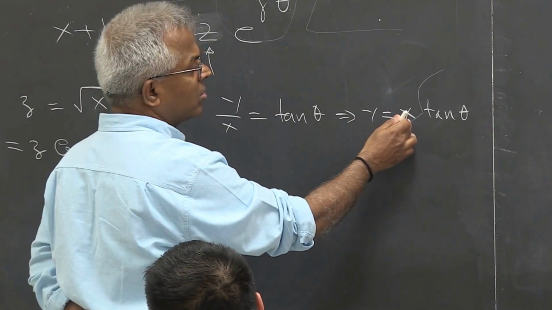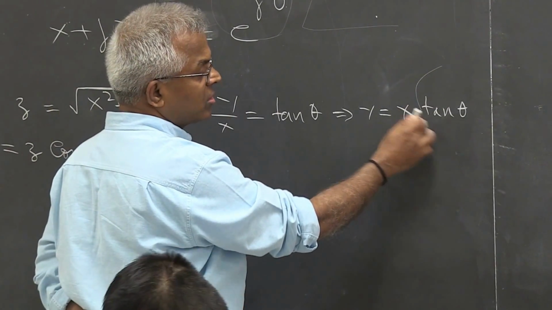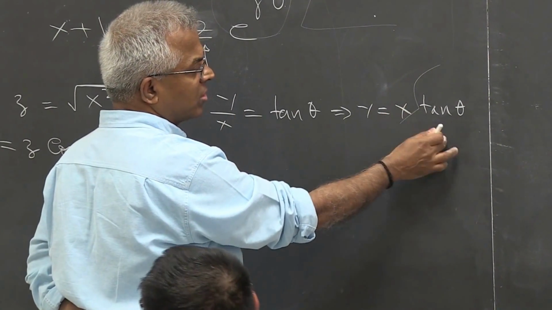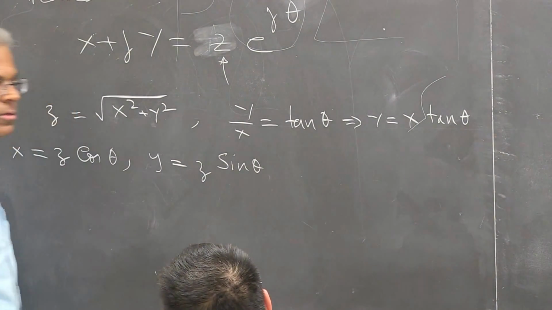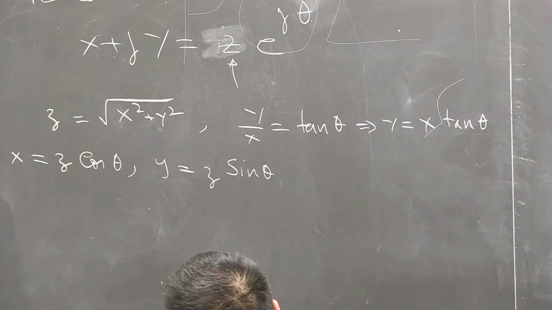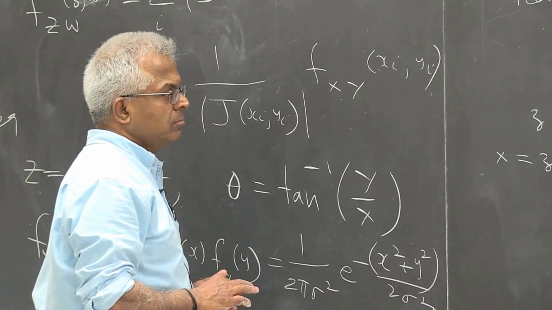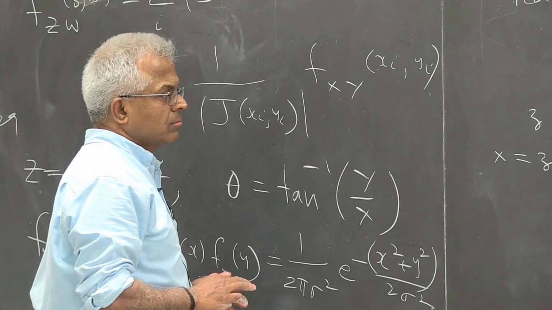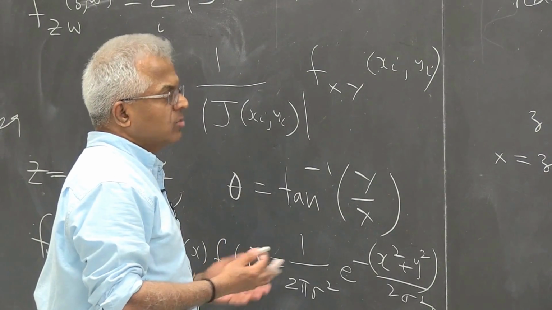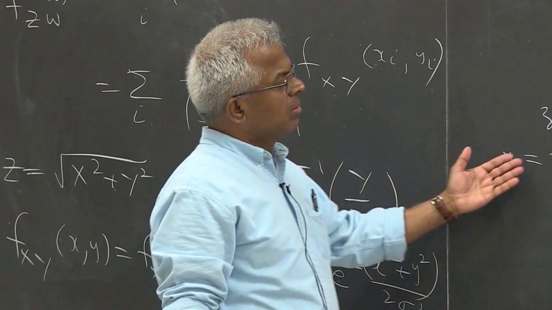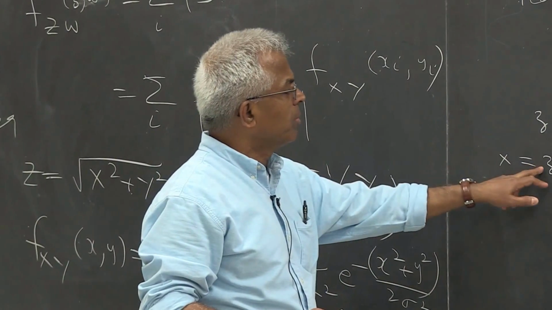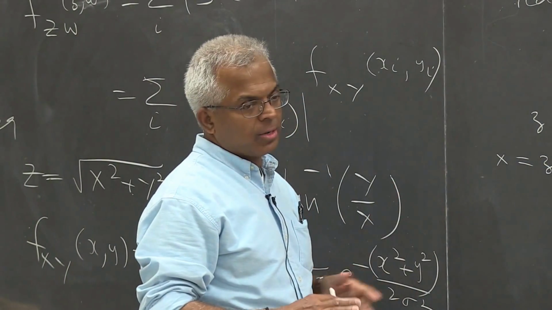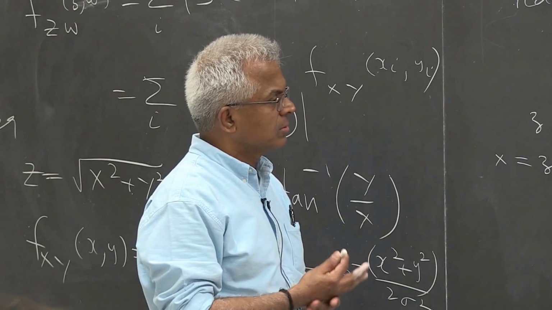I mean, you don't have to guess, you plug it in here. X is z, so this is sin theta over cos theta, x is z cos theta, cos theta cancels, so you get y equal to z sin theta. Now, if you restrict theta, you also have another set of solutions where you can put minus, but it all depends on the value of theta.